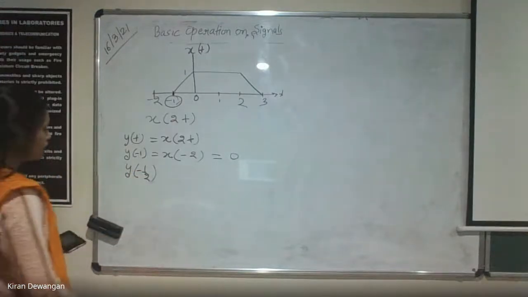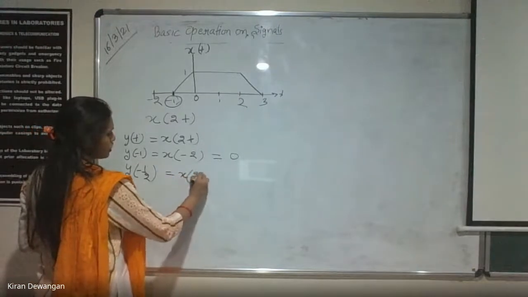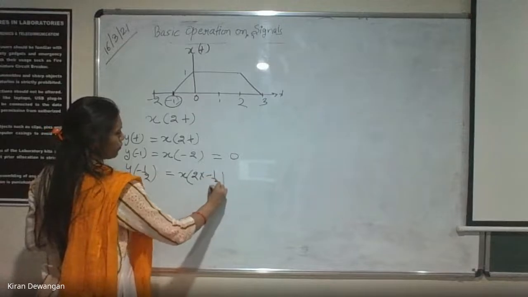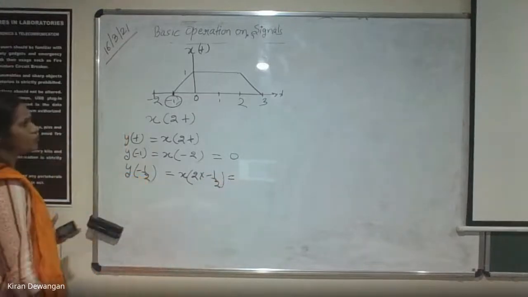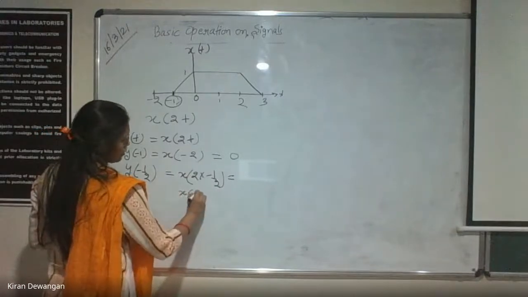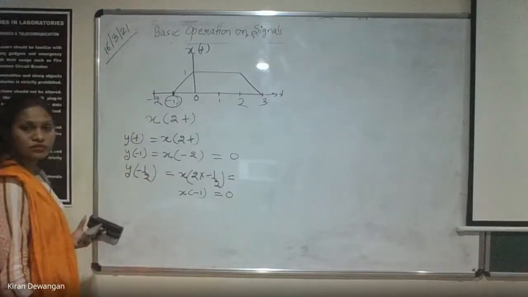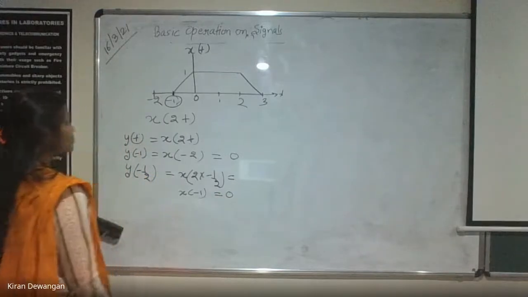If we keep y of -1/2, this becomes 2 into -1/2. So what is it? This is x of -1. This is again 0.